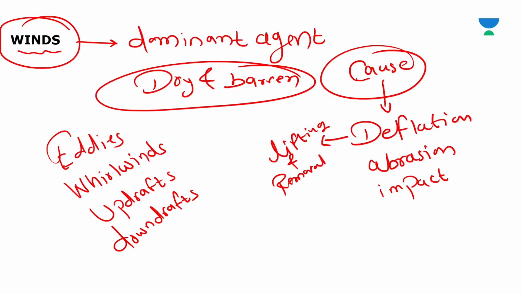In fact, many features of deserts owe their formation to mass wasting and running water as sheet floods. Though rain is scarce in deserts, it comes down torrentially in a short period of time.